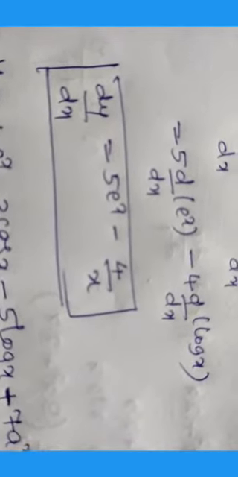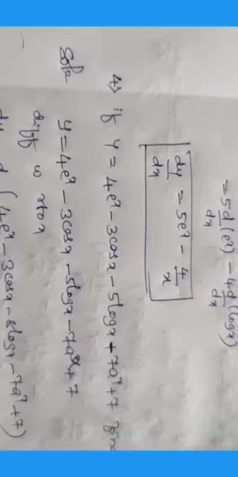And here you have to take 5 as it is and d by dx of e to the power x, minus 4 as it is, d by dx of log x. Then we get 5 e to the power x minus 4 into the differentiation of log x, which is 1 by x.